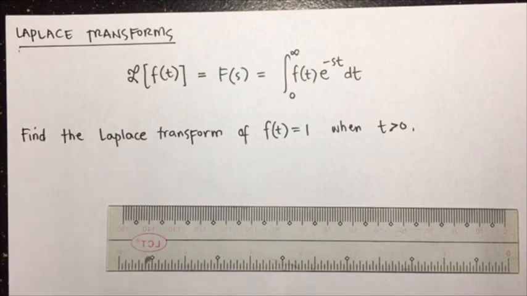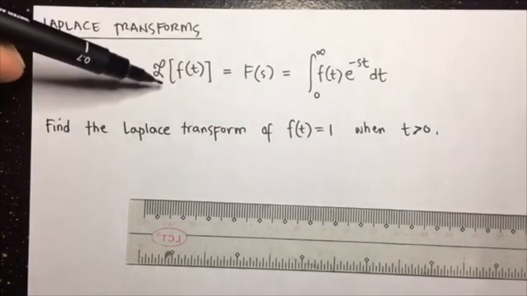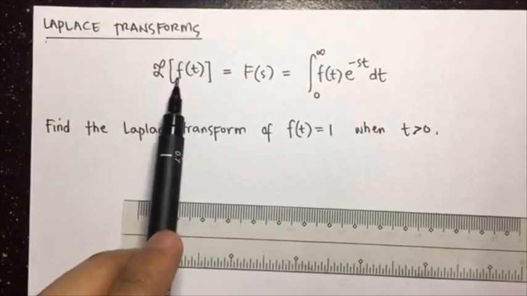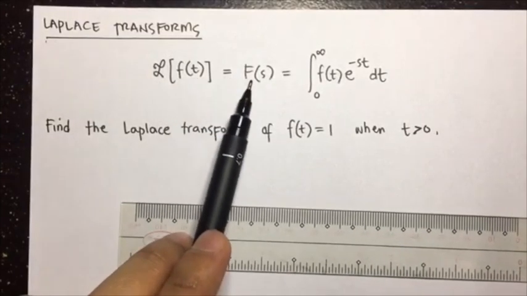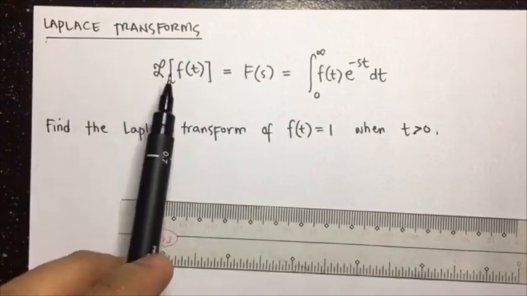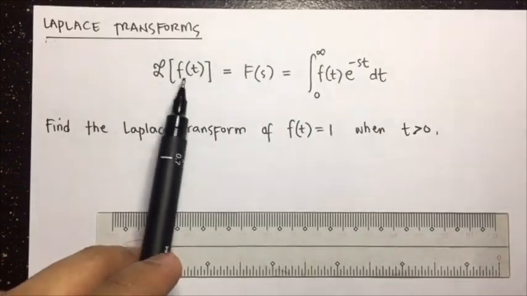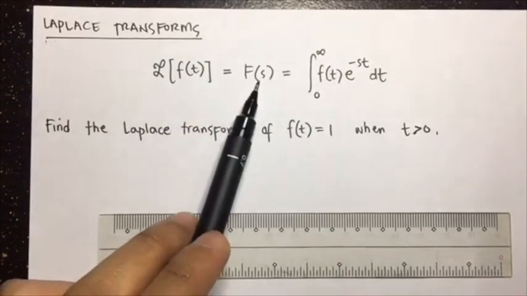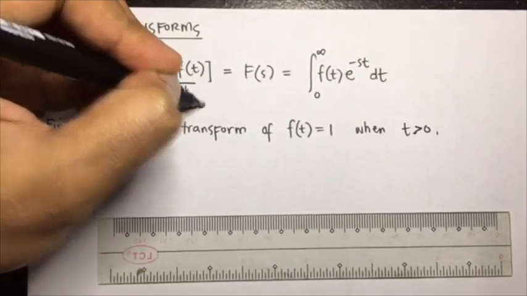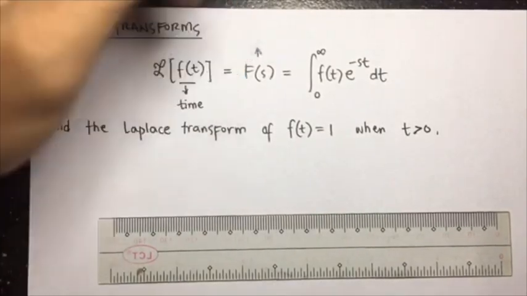For the Laplace transform we have this symbol, which looks like a cursive letter L. So the Laplace transform of a function f of t is equal to F of s. What the Laplace transform actually does is it converts a function from the time domain to the s domain, or the frequency domain.